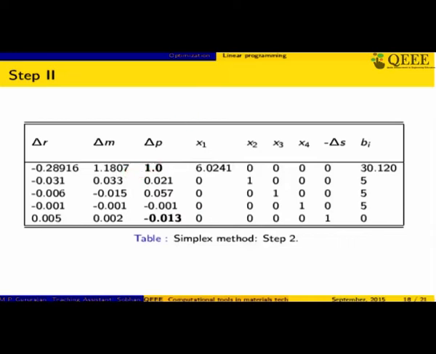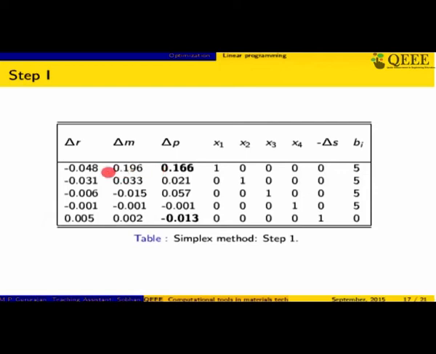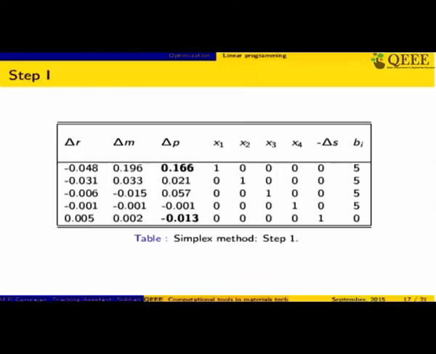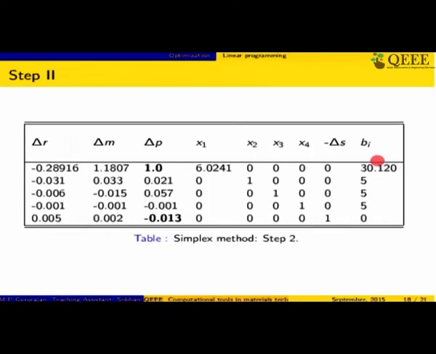How do we do that? You can do that by simply dividing by 0.166. If you divide everything by 0.166, then you will make this 1, right? So you have divided the 5 by 0.166, and that is why you are getting 30.120.